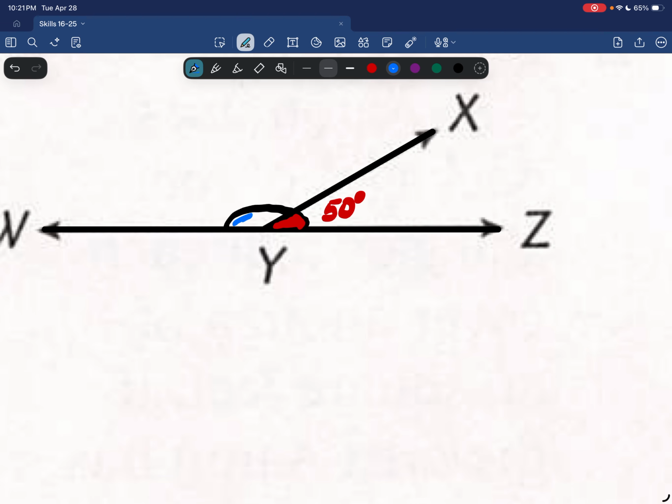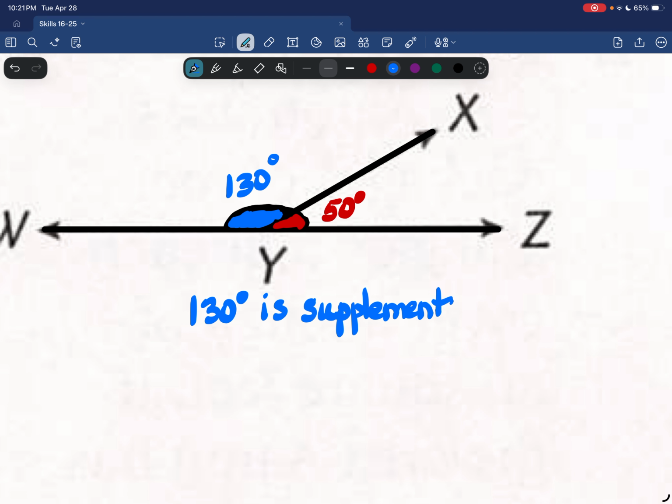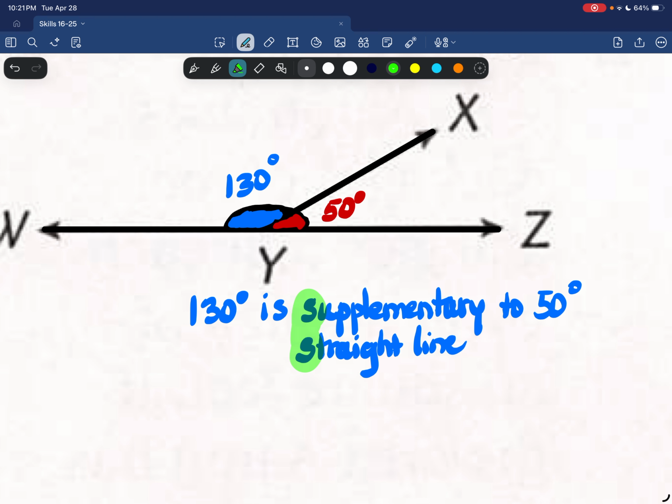So that means this part of the angle would be 130 degrees because those together have to equal 180. So I could say that 130 degrees is supplementary to 50 degrees. And supplements make a straight line. Complements make a corner. Supplements make a straight line. Both start with S.